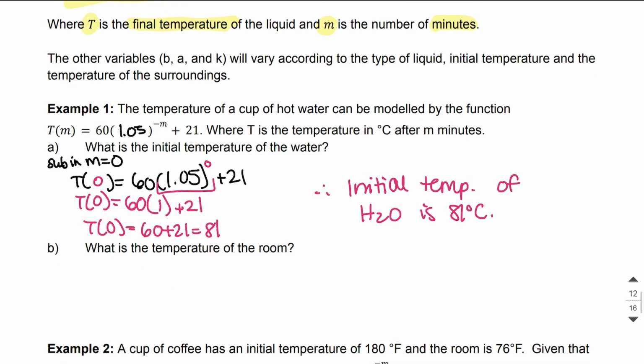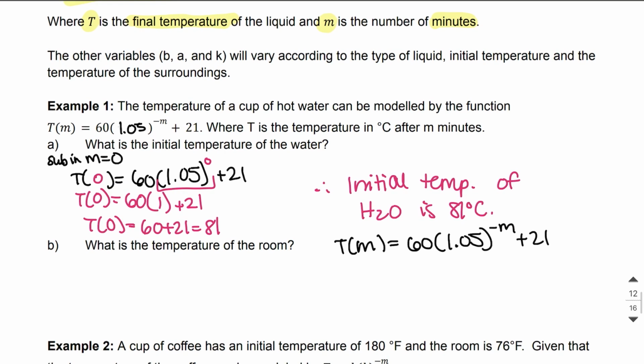Okay, now it asks us to find the temperature of the room. Well, let's take a look at what this is going to look like. So for starters, we know that T of M is going to equal, the equation is 60 times 1.05 to the power of negative M plus 21. But because the exponent is negative, I can rewrite this as 60 times 1 over 1.05 to the power of positive M plus 21.